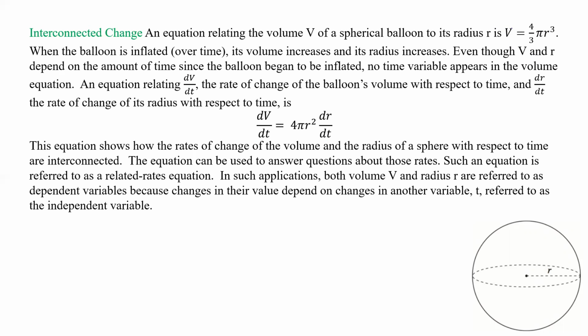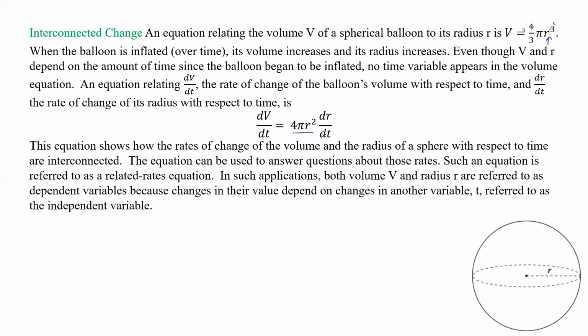When we take the derivative of the left side with respect to time, that gives us dV/dt. When we take the derivative of the right side with respect to r, the 3 comes down, the exponent becomes a 2, and that 3 cancels. So we have 4 pi r squared, and then dr/dt.